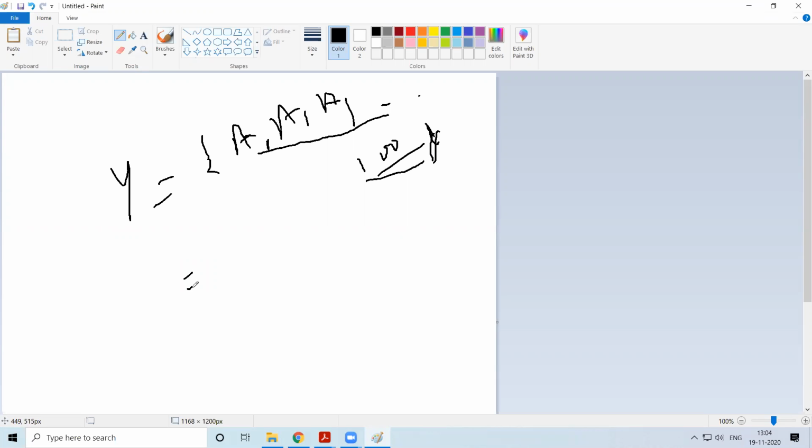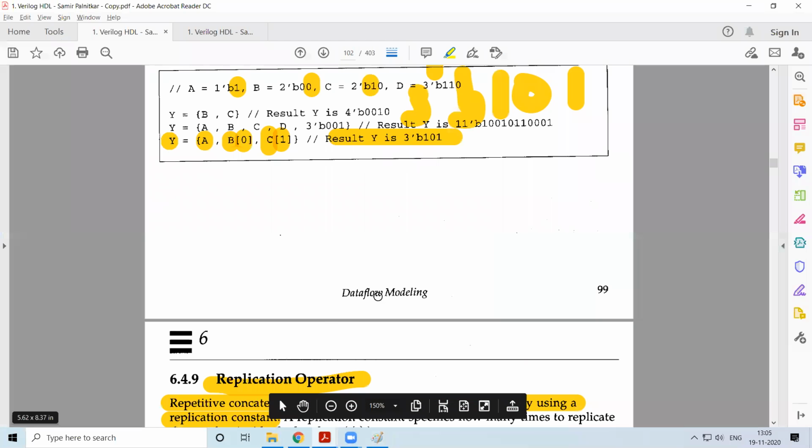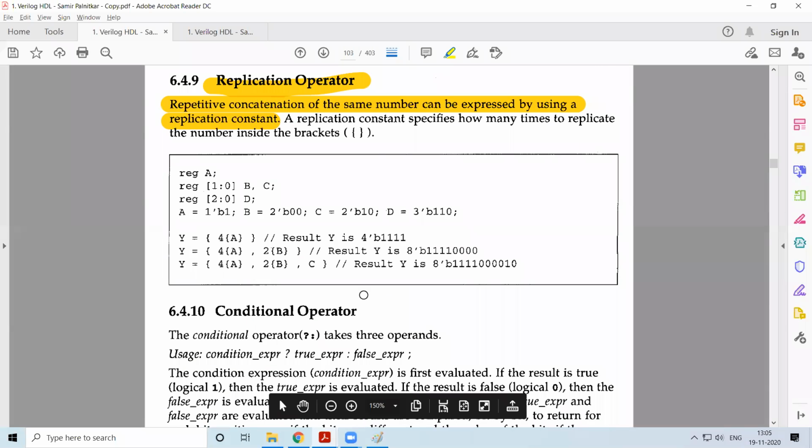So instead of doing it, I can use the replication operator, which specifies that A has to be repeated 100 times in the concatenation part. So that is what we can observe here, the replication operator.